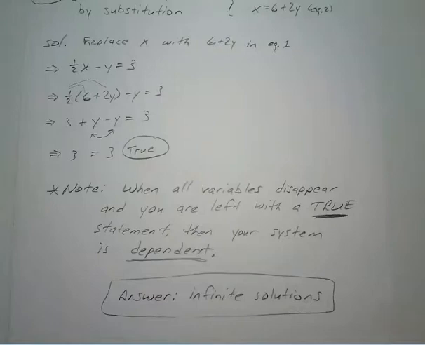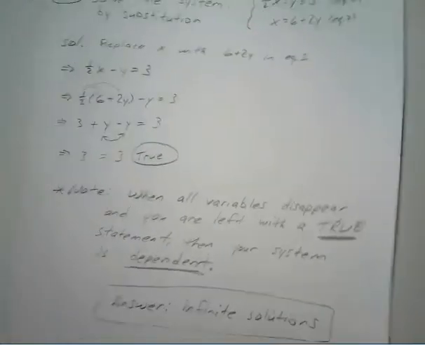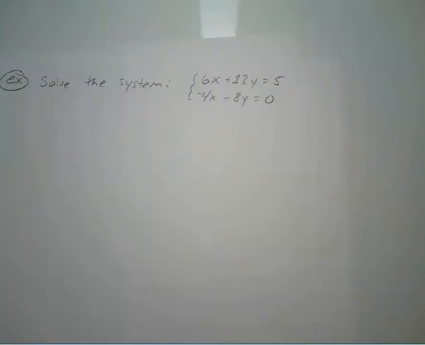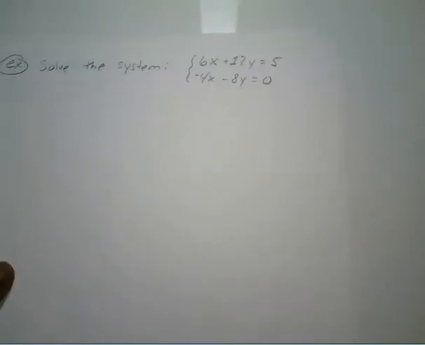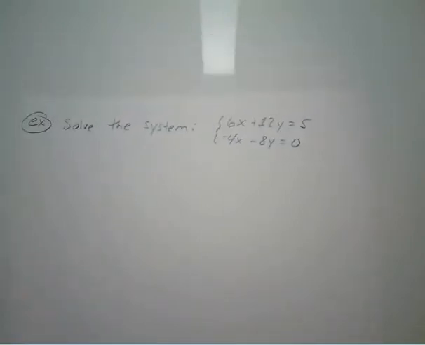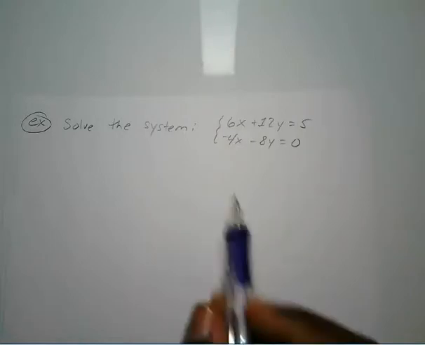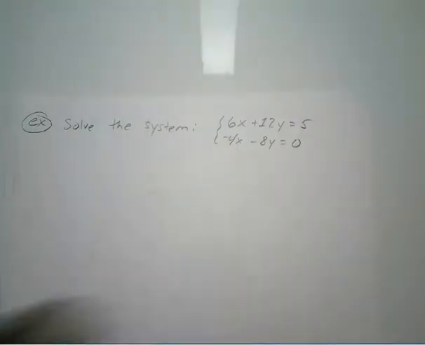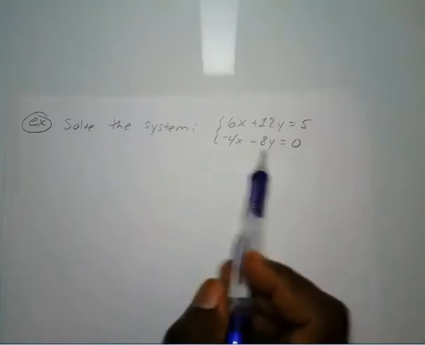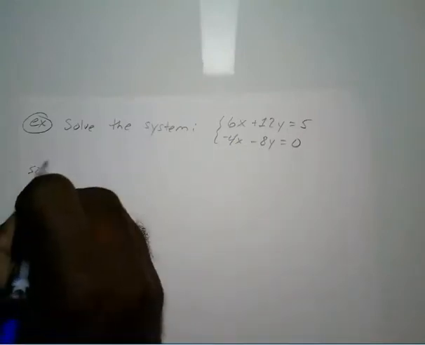Okay, so let's look at one more example. Okay, what if we wanted to solve the system 6x plus 12y equals 5 and negative 4x minus 8y equals 0? Okay, so the one thing we can see here, if we wanted to solve this by substitution, there are no x or y value isolated, so we make one.